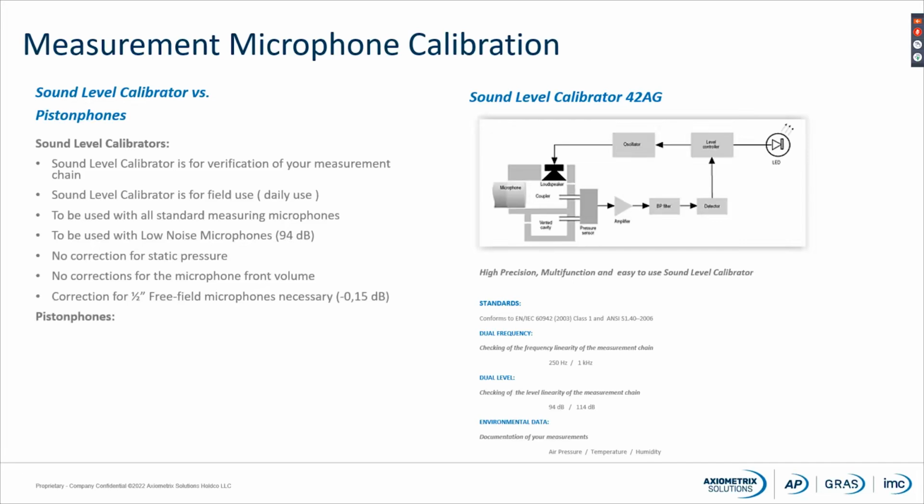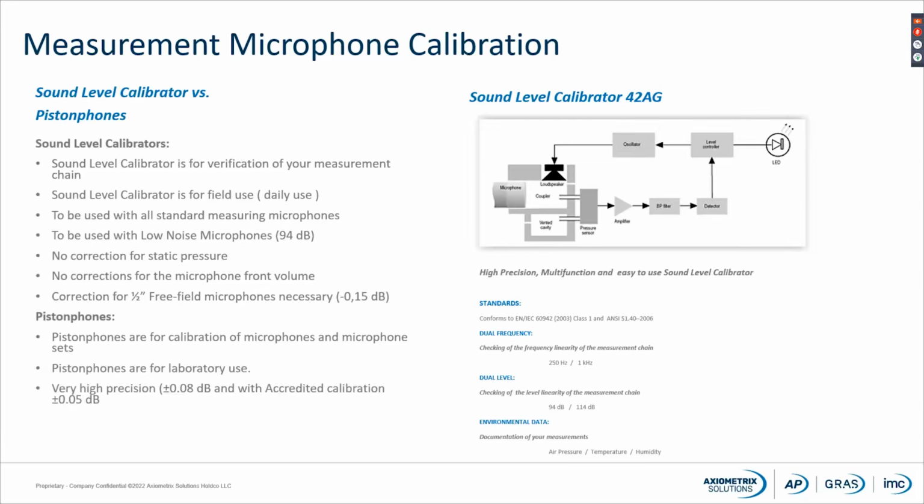If you look at the piston phone, the piston phone is for calibrations of microphones and microphone sets. It's for laboratory use. It has a very high precision, standard plus minus 0.8 dB.